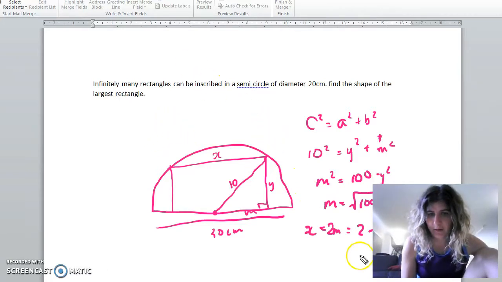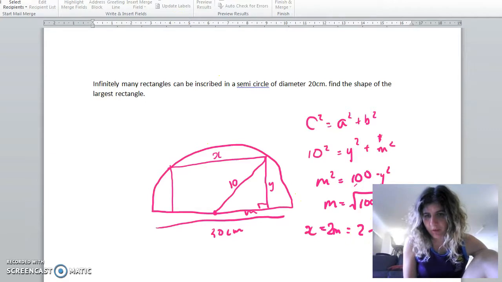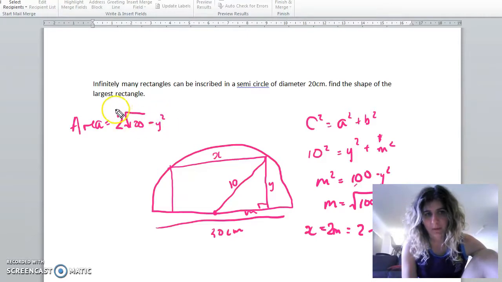Okay, so we've got our x value, which is 2 lots of square root 100 minus y squared, and then we're looking at the largest rectangle, so the biggest area is going to be where we've got x, which is 2 square root 100 minus y squared, all times by y. So length times by width.